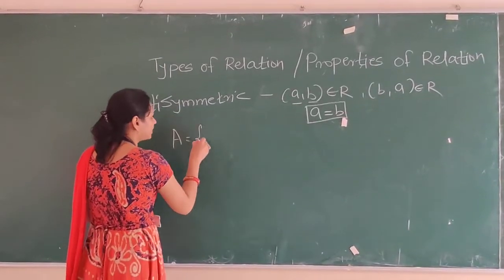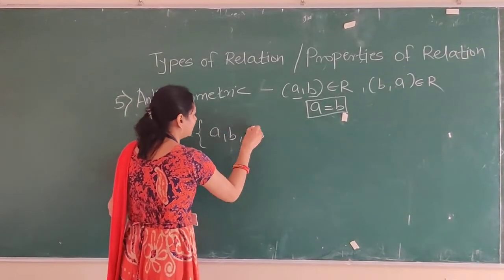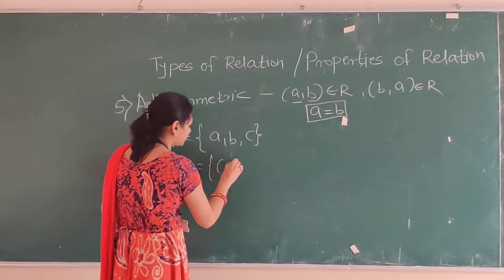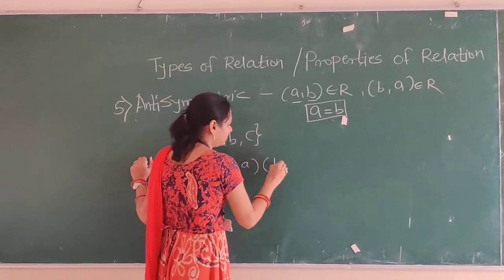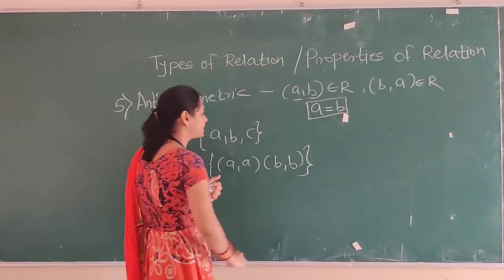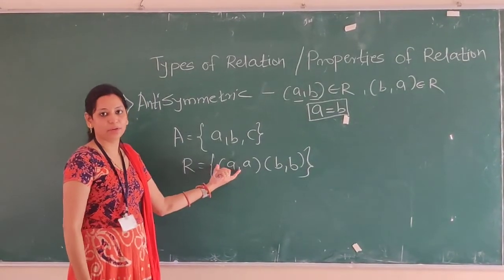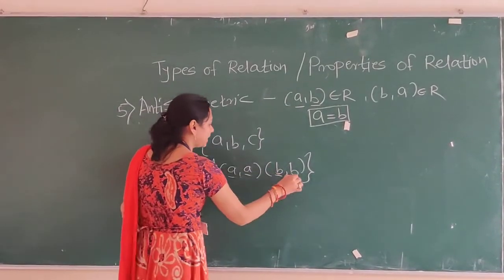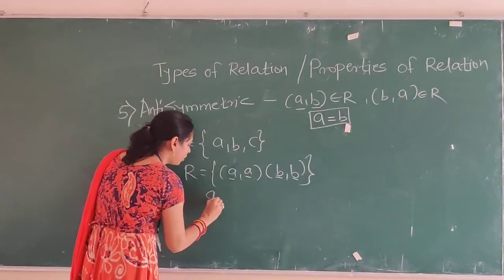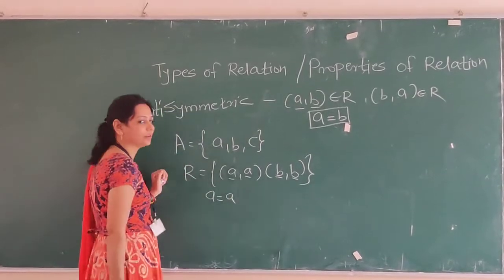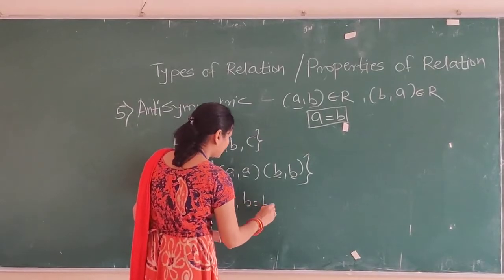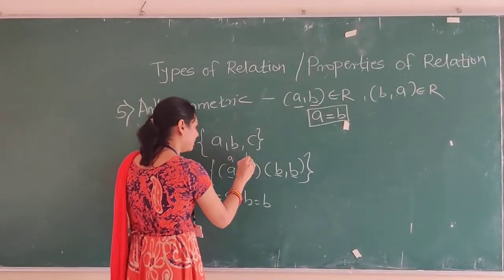Suppose we have set A as {A, B, C}, and we have the given relation as (A,A), (B,B). Then we will say that it is antisymmetric. Why? Because this A and this A, this B and this B, means the value of A is equal to the value of A, and the value of B is equal to the value of B. And this is nothing but (A,B).